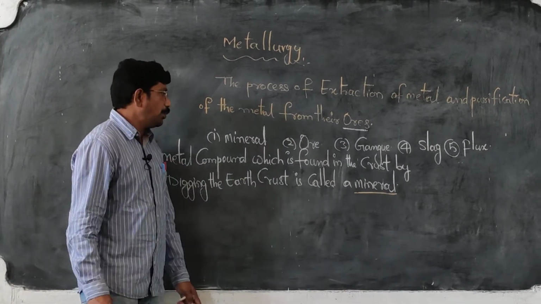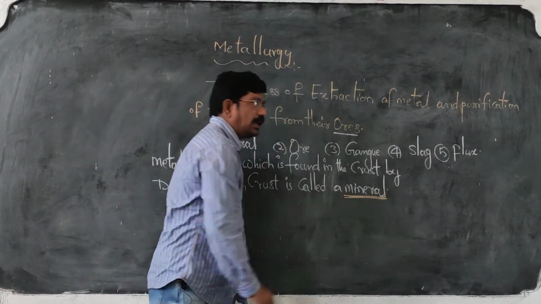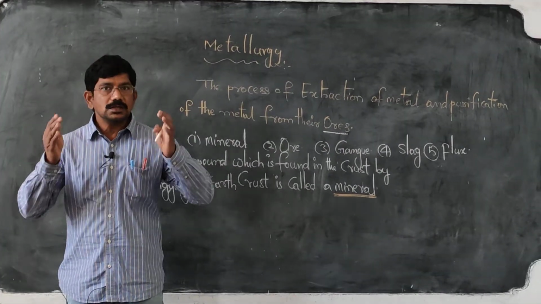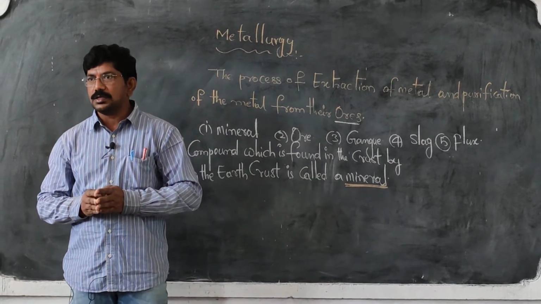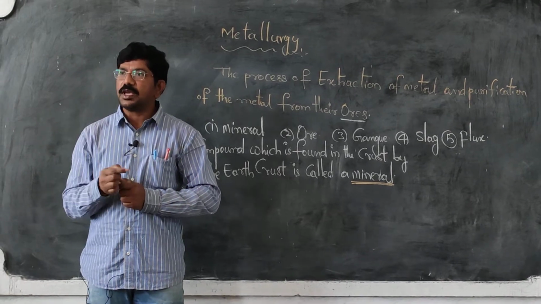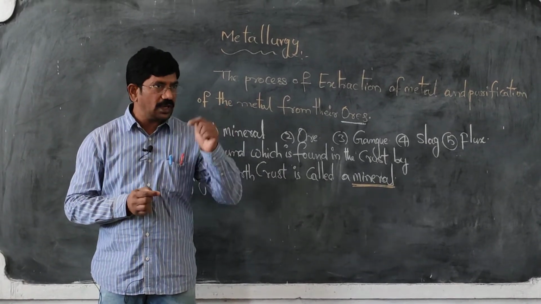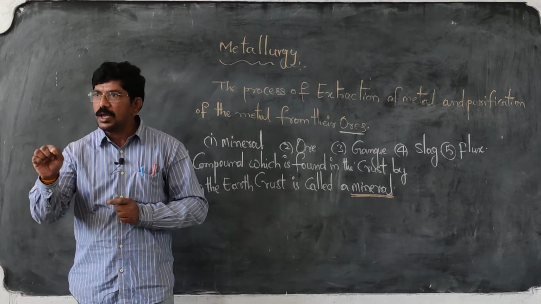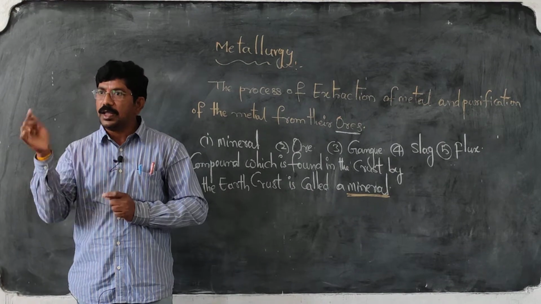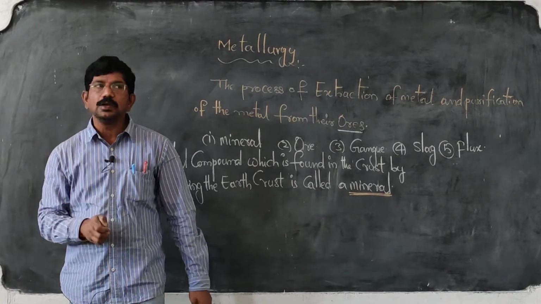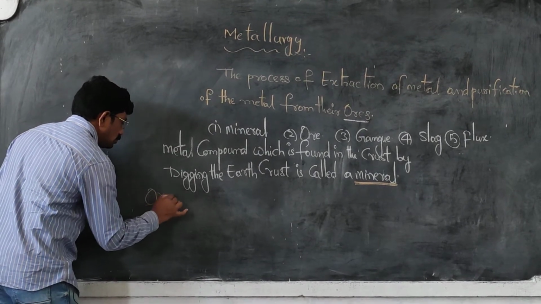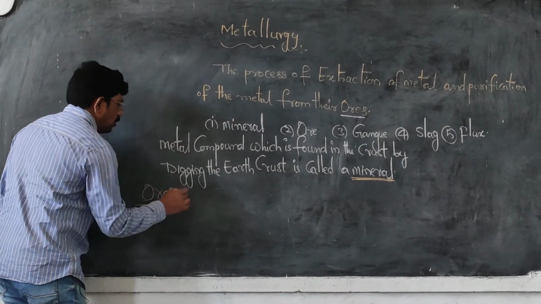Many minerals are found inside the earth crust, but not all of them are used to extract the metal. Those minerals from which we can extract the metal more economically and profitably are known as ores. What is an ore?